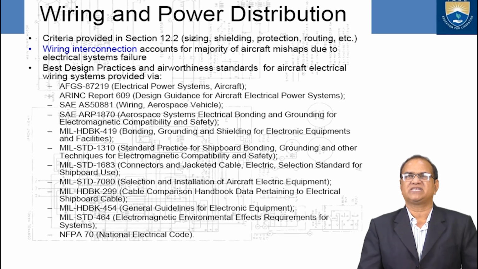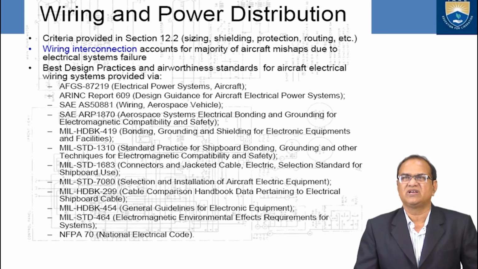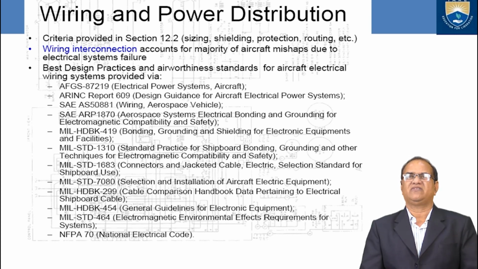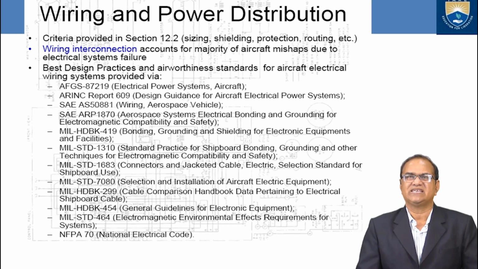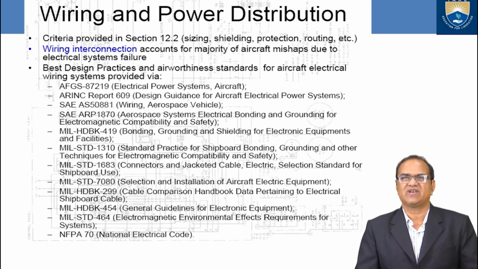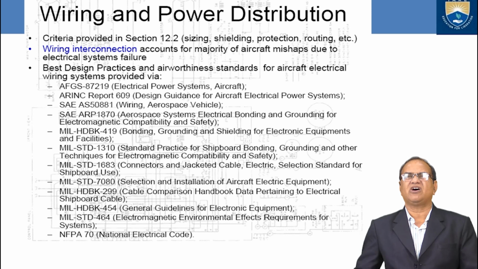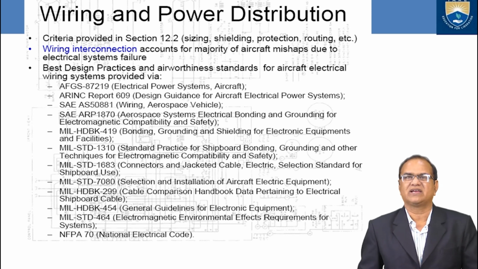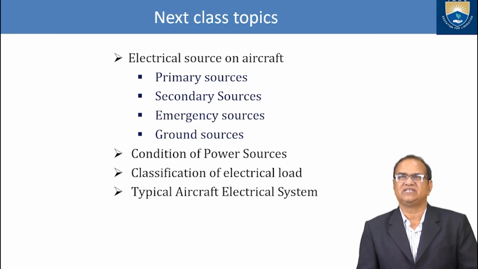Best design practices and airworthiness standards for aircraft electrical wiring systems are provided via AFGS, ARINC, SAE, wiring aerospace vehicle, SAE ARP. These are wiring standards and military standards, and we have to follow them as engineers.